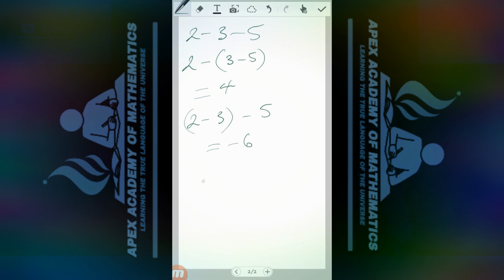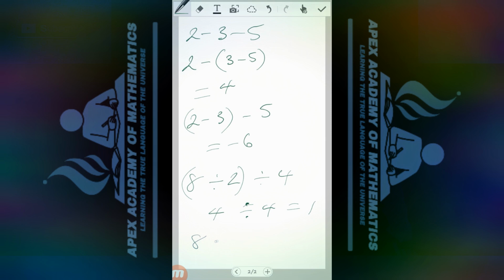Look at the division example here. Let's use a bigger number: 8 divided by 2 divided by 4. If I associate the 8 divided by 2, I get simply 4, and if I continue to divide this by 4, my answer will be 1.